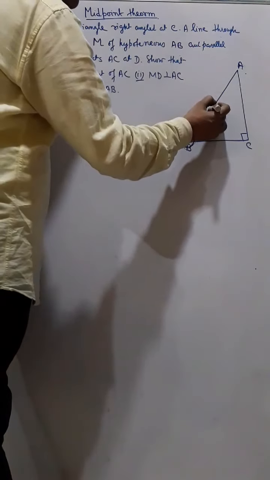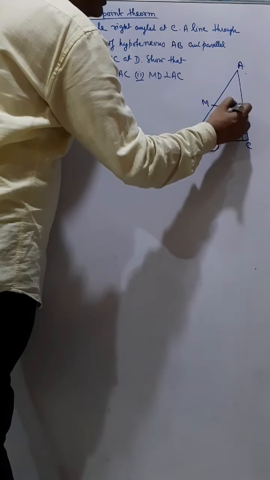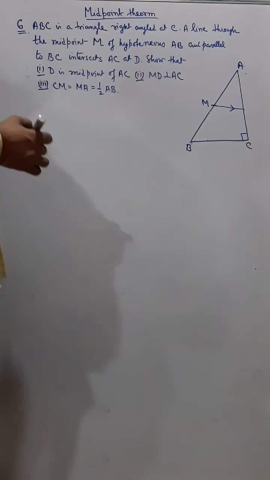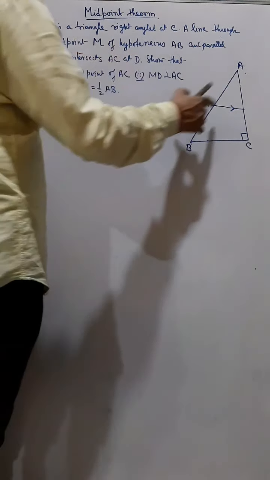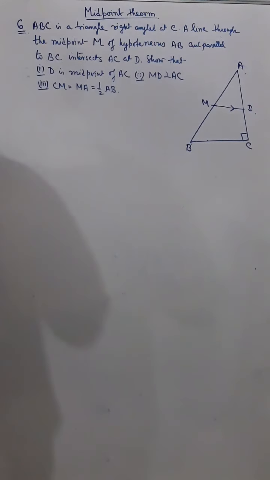So through M, a line parallel to BC. So this is parallel to BC. It intersects AC at D. And then we have to prove all this.